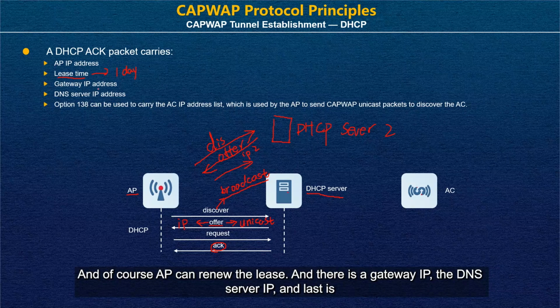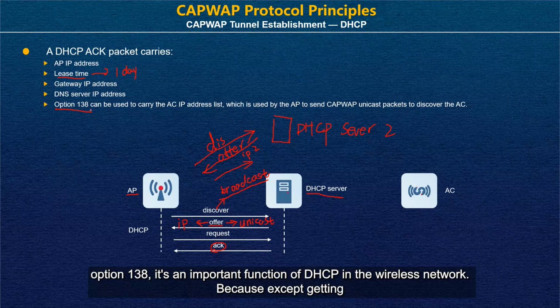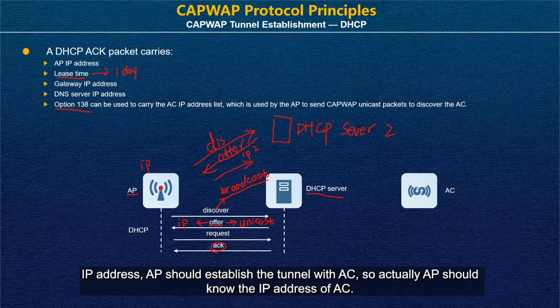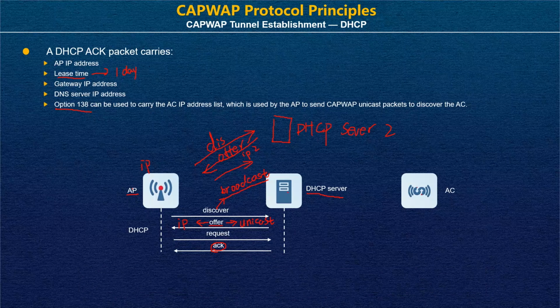And then there are the gateway IP and the DNS server IP. The last is option 138. It's an important function of DHCP in the wireless network. Because besides getting an IP address, the AP should establish the tunnel with the AC, so the AP should know the IP address of the AC.